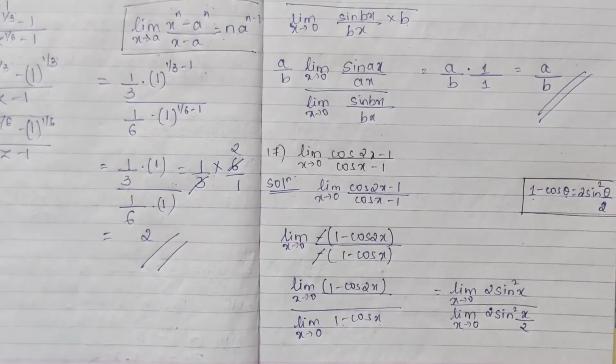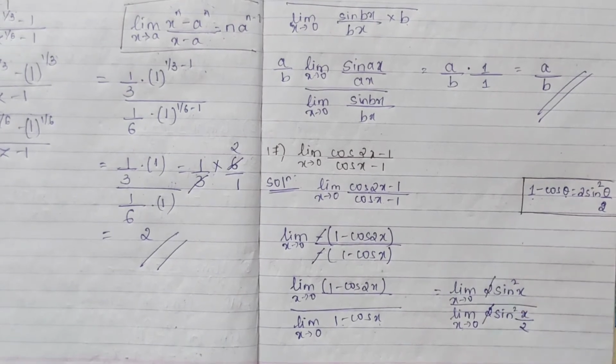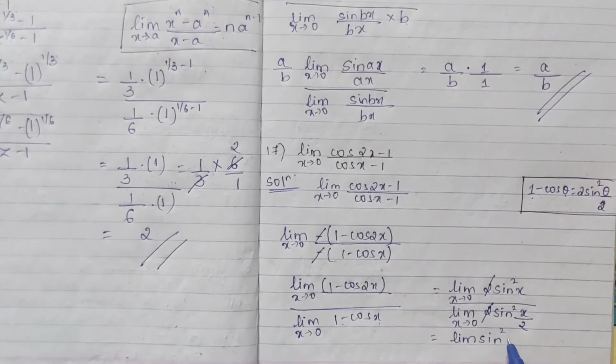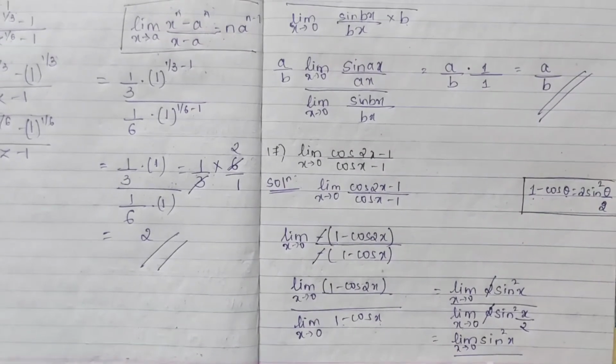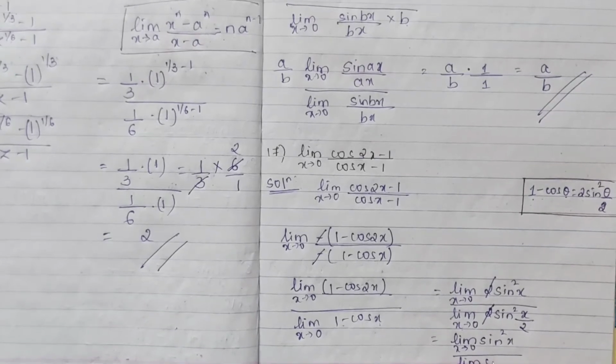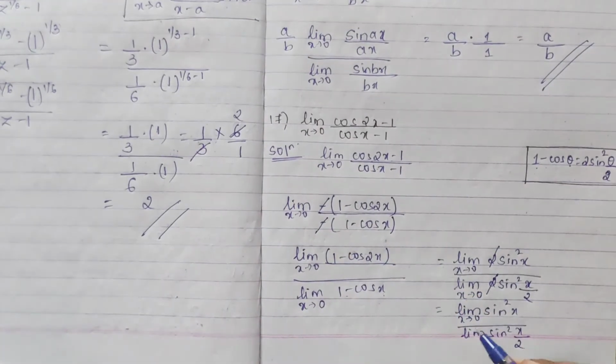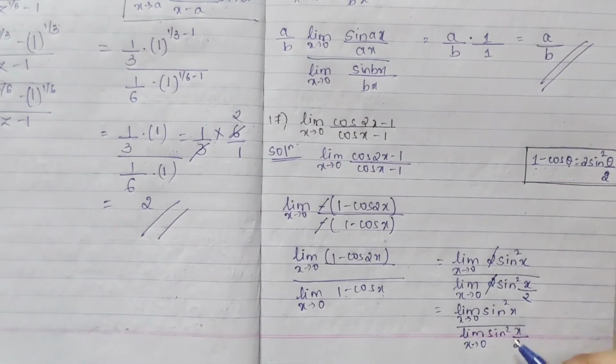Now from here 2 gets cancelled off, you will be left with limit sine square x as x tends to 0 divided by limit sine square x divided by 2 as x tends to 0. So you will have it like this.